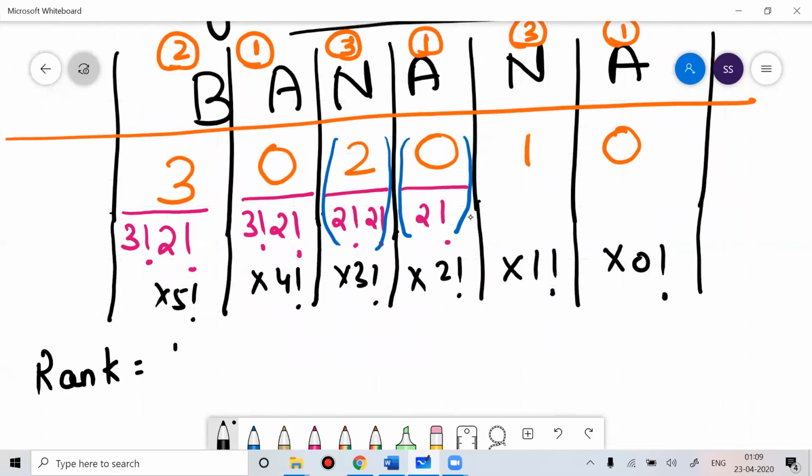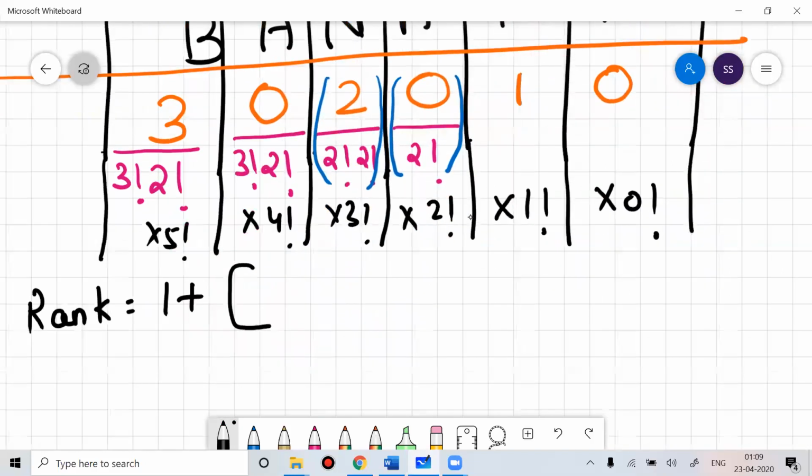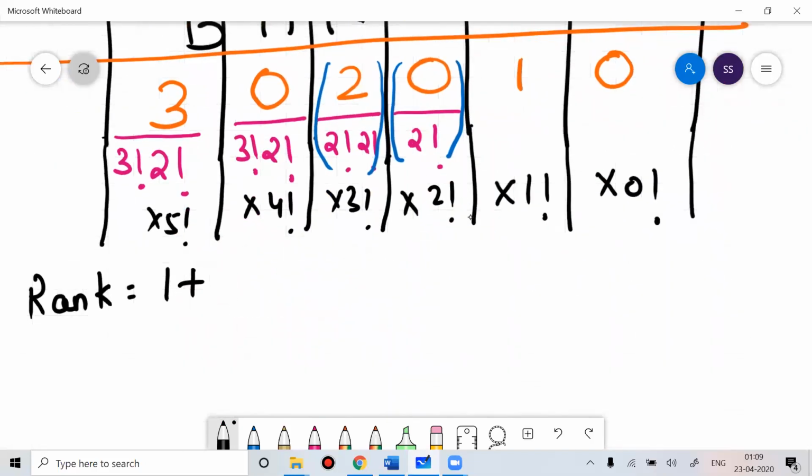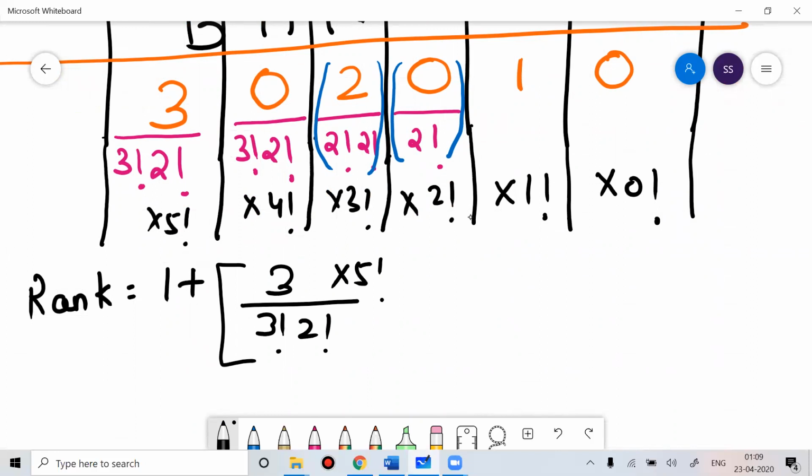would be 1 plus 1 plus 1 plus 1 plus 3 divided by 3 factorial by 2 factorial into 5 factorial plus, anyway 0, it doesn't matter, 0 multiplied with anything is 0, then 2 divided by 2 factorial into 3 factorial.